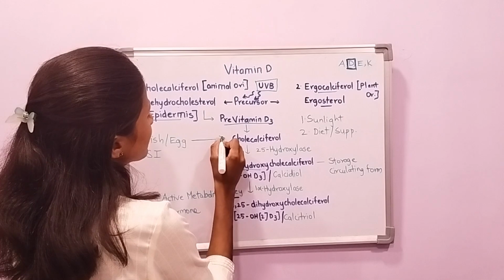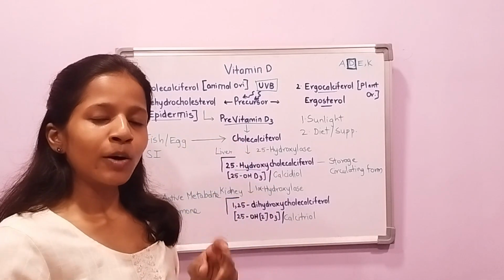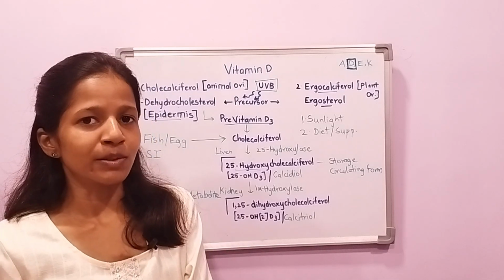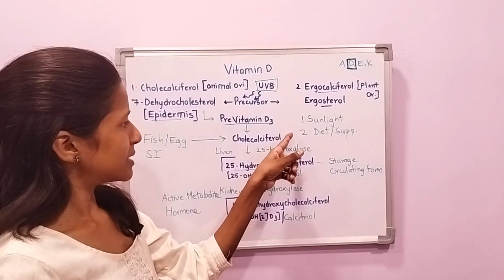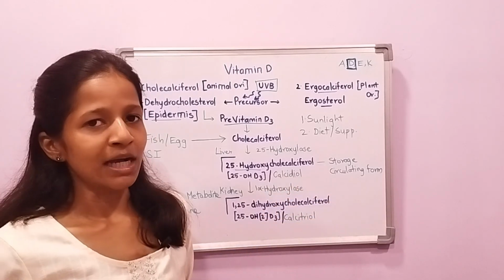So cholecalciferol from the dietary sources, with the aid of bile salts, is incorporated into the chylomicrons, which travel through the lymph and eventually into the bloodstream, and from the bloodstream it goes to the liver and then to the kidneys to be converted to the active form.